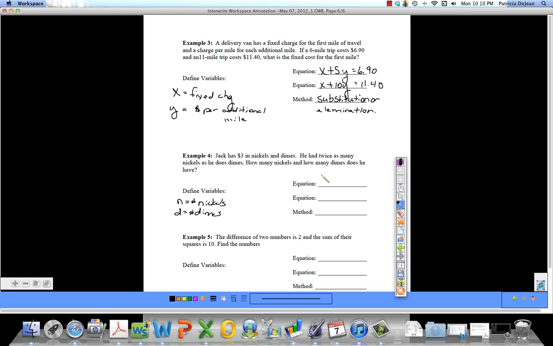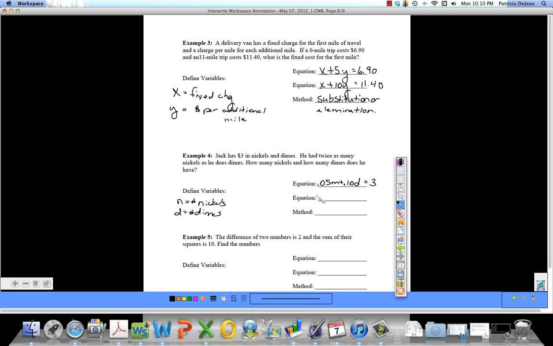And one equation is that 0.05 nickels, so each nickel is worth 5 cents, plus 0.10 or 10 cents for every dime is equal to $3. Okay. Now, if you wanted to eliminate the decimals here, you could say 5n plus 10d equals 300. You can do that if you don't want to use the decimals.